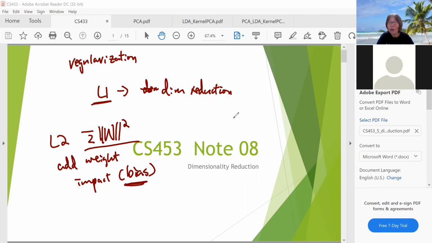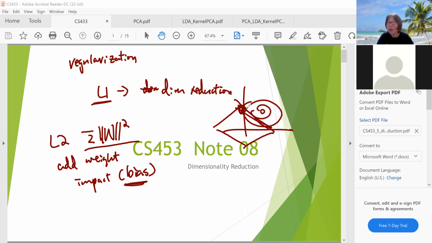If you recall the contour, with L1 it's a diamond shape. So this is W1, this is W2, and then you can reduce because we find the intersection of the contour and the L1. In this case, the W1's impact is 0 because you pick this point.